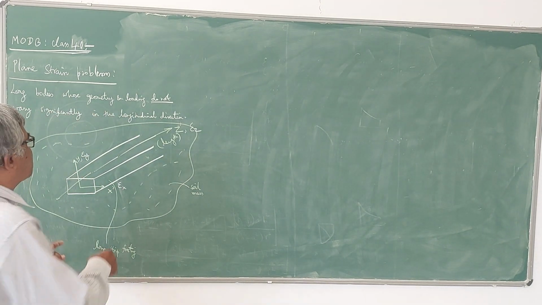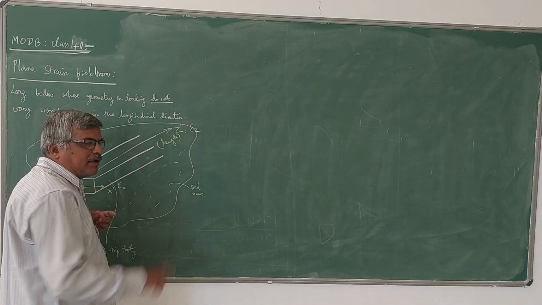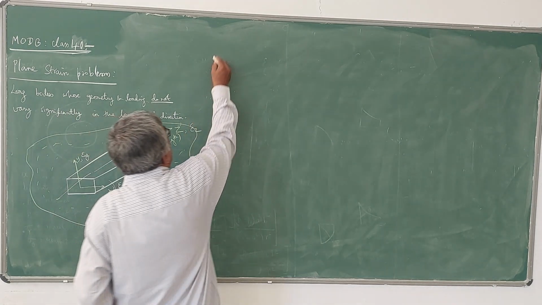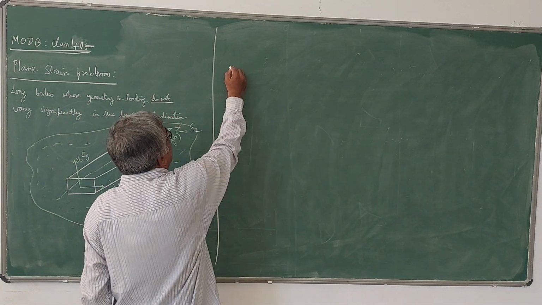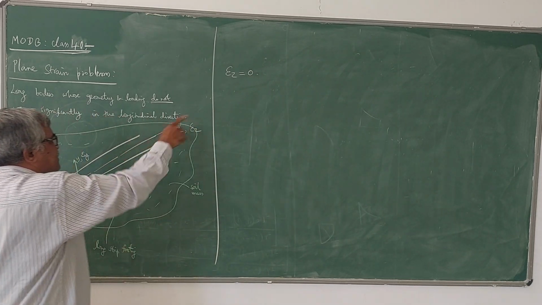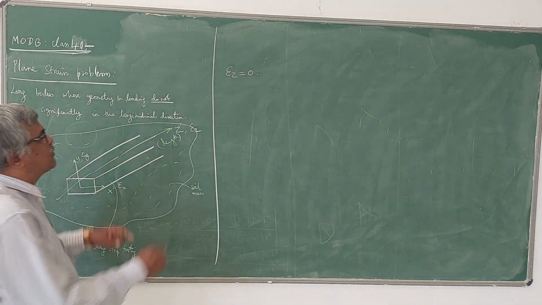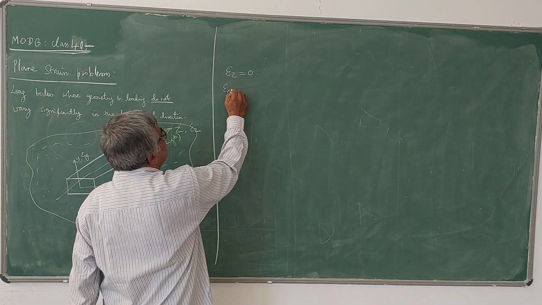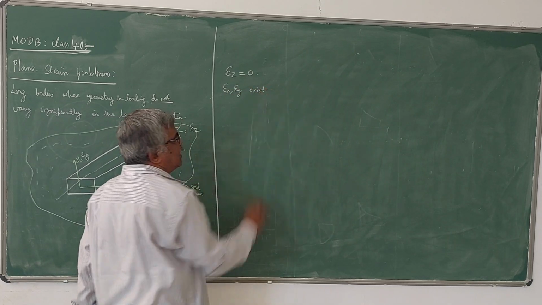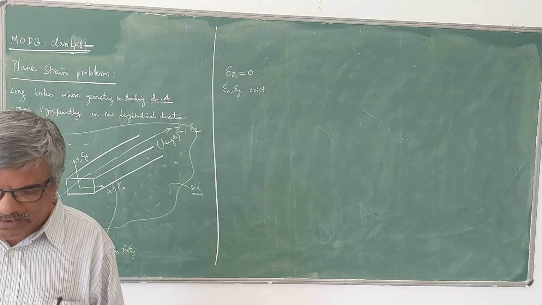So this deformation in the z direction can be neglected, it is almost 0. So in the case of a plane strain problem, epsilon z will be 0 along the length direction, taken as z. Only epsilon x and epsilon y exist. Then it is called a plane strain problem.